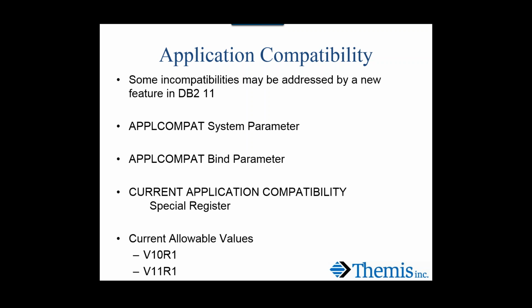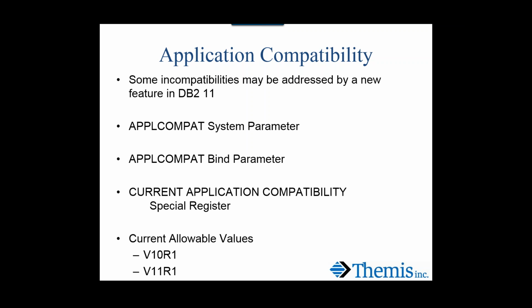And in conversion mode, you can only bind with Apple Compat v10r1. In other words, from a behavioral perspective on SQL, we're pretending that we're still on version 10. So the SQL statements in my programs should only return exactly the same thing that they returned on version 10. Any incompatibilities should not show themselves while I have it still bound with v10r1.